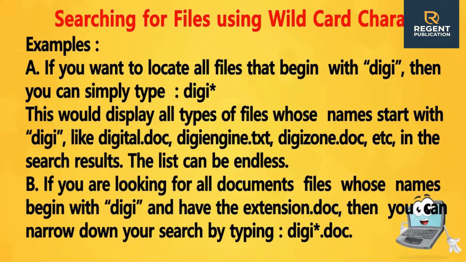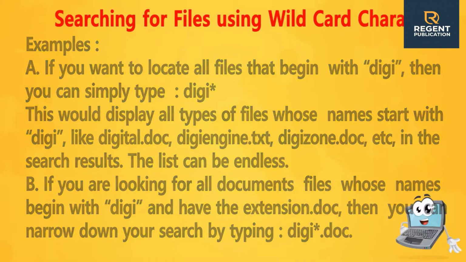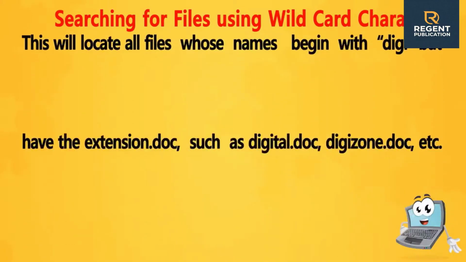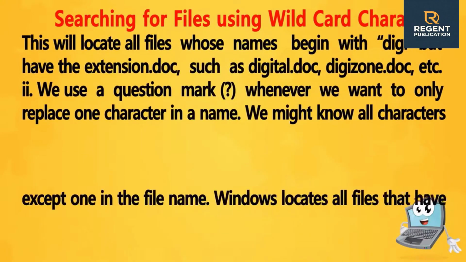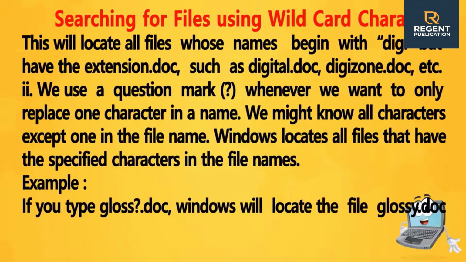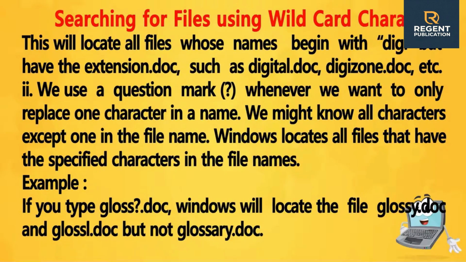If you are looking for all document files whose names begin with digi and have the extension .doc, then you can narrow down your search by typing digi*.doc. This will locate all files whose names begin with digi but have the extension .doc, such as digital.doc, digizone.doc, etc.